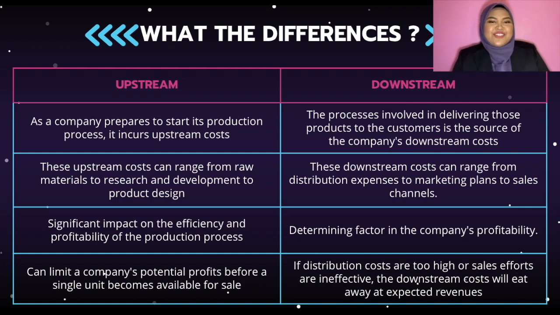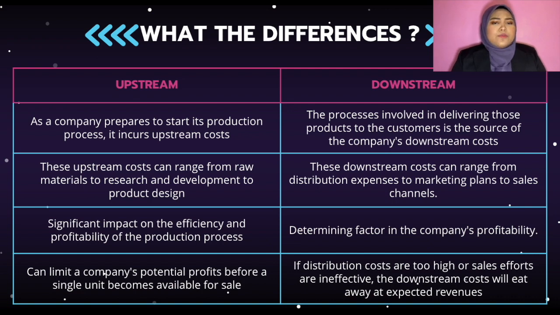As for downstream, the process involved in delivering those products to the customers is the source of the company's downstream costs. These downstream costs can range from distribution expenses to marketing spend to sales channels. Third, they are a determining factor in company profitability.